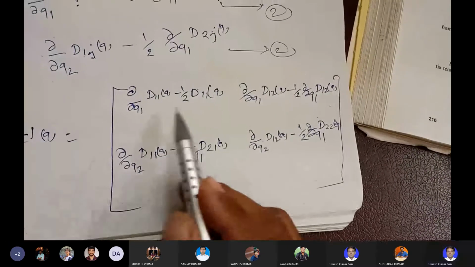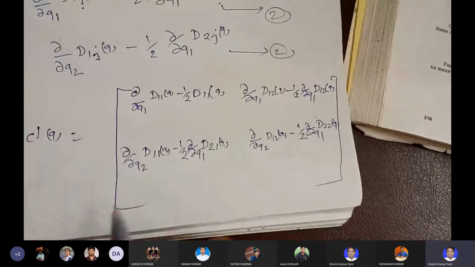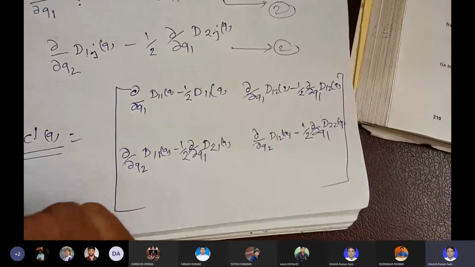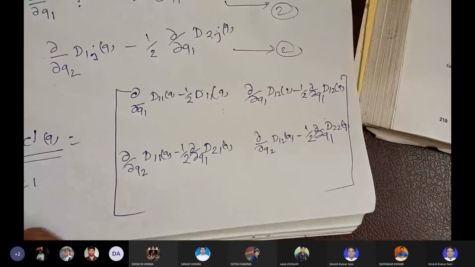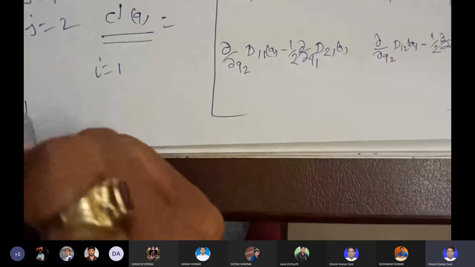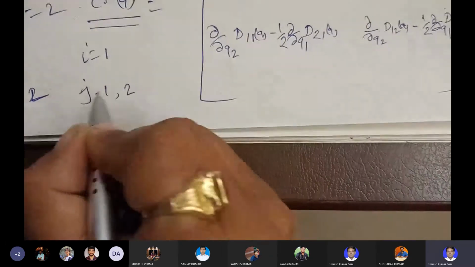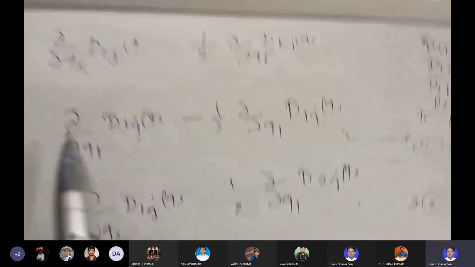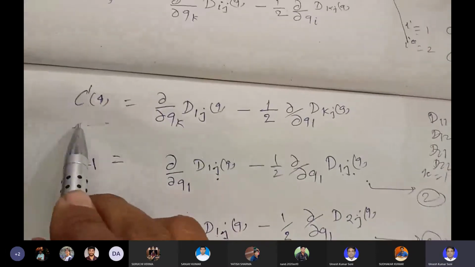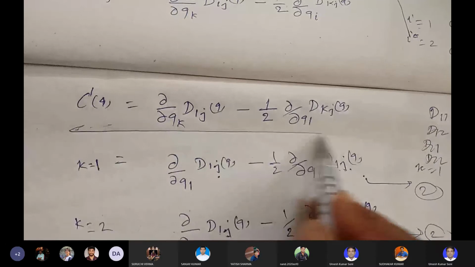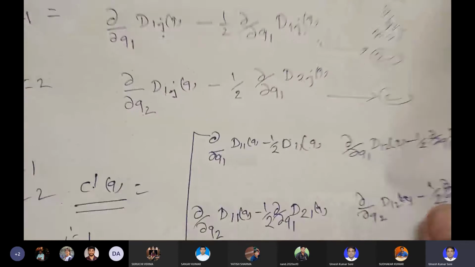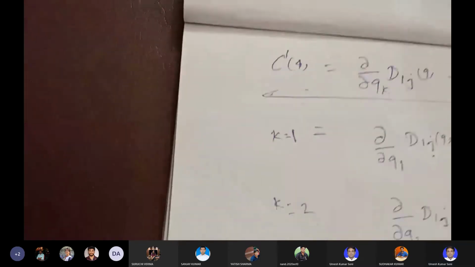So it is the 2 by 2 matrix C1 where i equals 1, k varies from 1 to 2 and j varies from 1 to 2, and the generalized equation is this. All the students please verify and show me step by step how you have calculated this final value of C1.